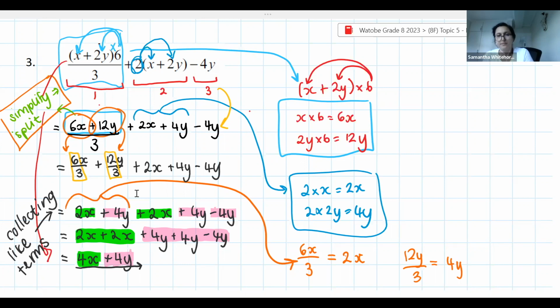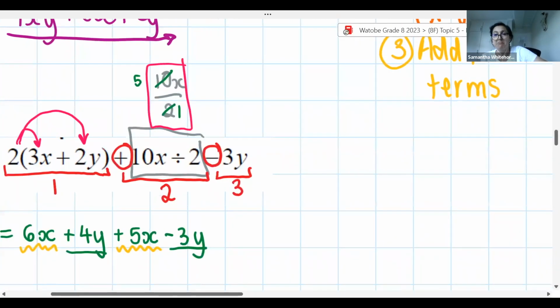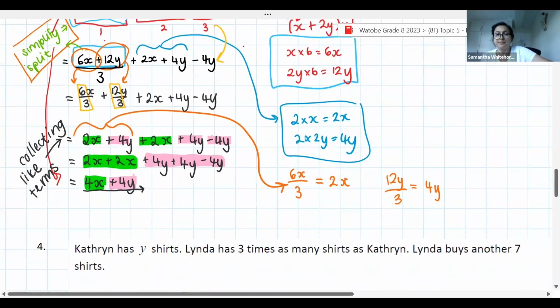I just use fractions because for me personally, I do find them a bit easier. But if you want to, like in question 2, use the division sign, that's absolutely fine. They mean exactly the same thing. So if you prefer a division sign, go for it.